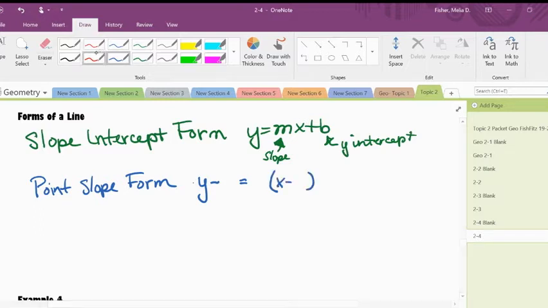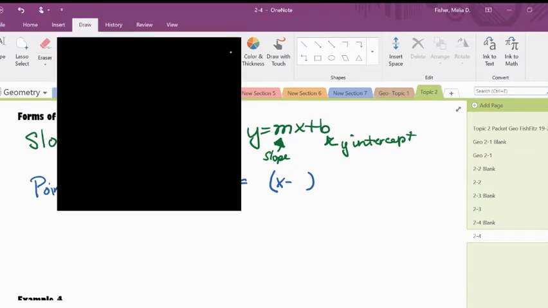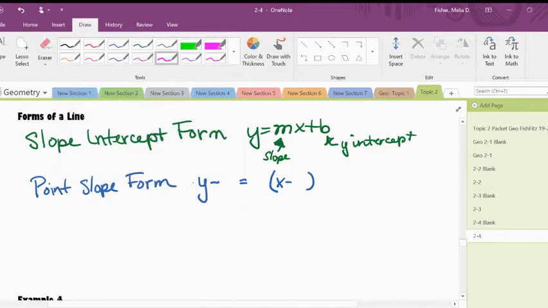And I'm going to plug in some different colors here because I want you to remember that that's what we're plugging into this: y1, m, and x1, where m is your slope and x1, y1 is a given point.